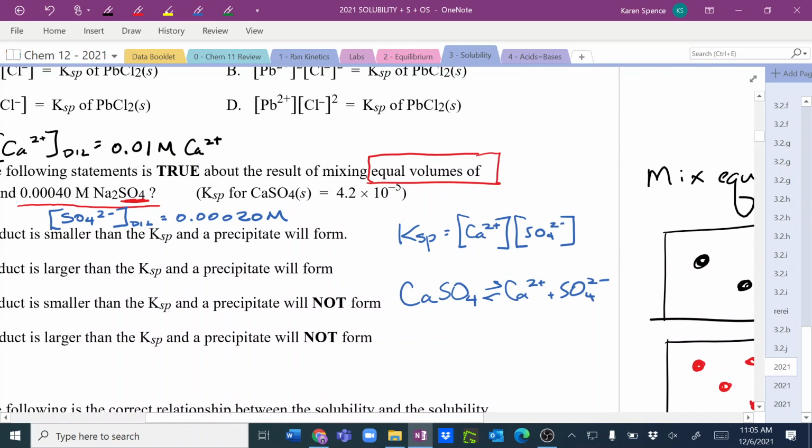So we now have calcium, which is 0.01, times sulfate, which is 0.0002. 0.01 times 0.0002 is 2 times 10 to the minus 6.